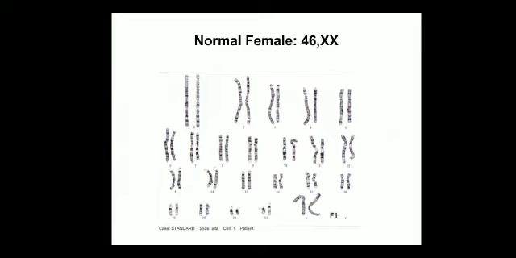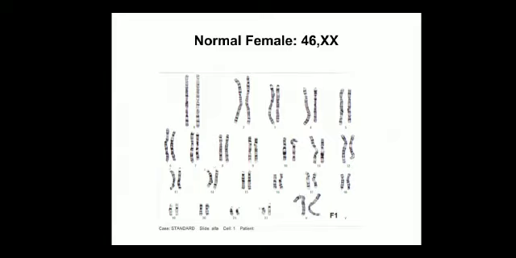Human chromosomes: each cell except ovum and sperm in a normal adult male and female possesses 46 chromosomes, 44 autosomes plus 2 sex chromosomes. The females possess 44 plus XX, and the males possess 44 plus XY.